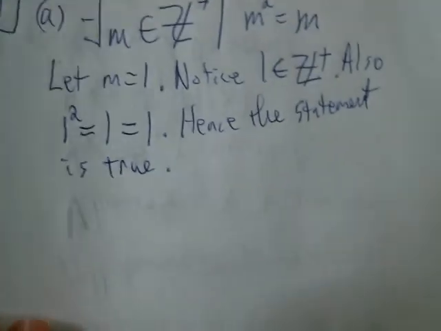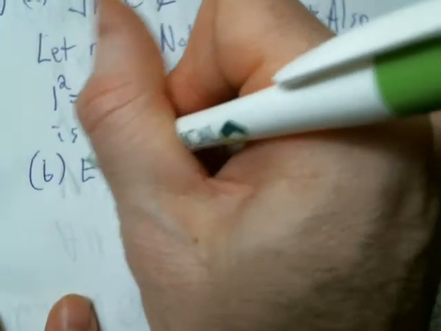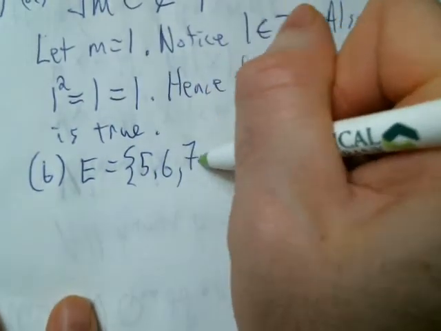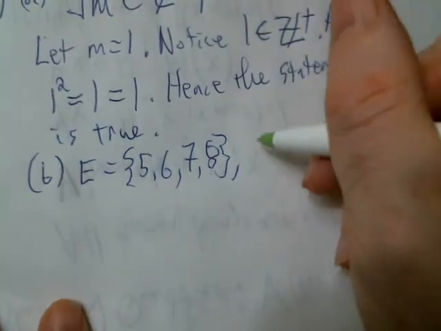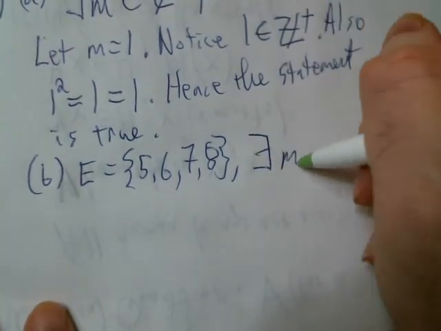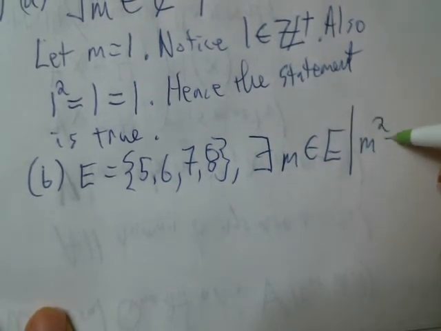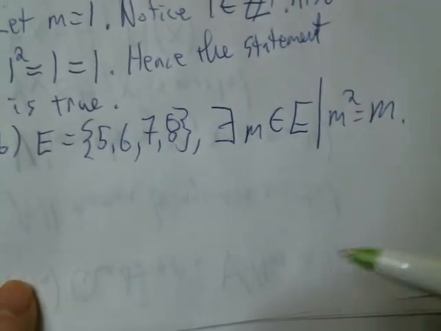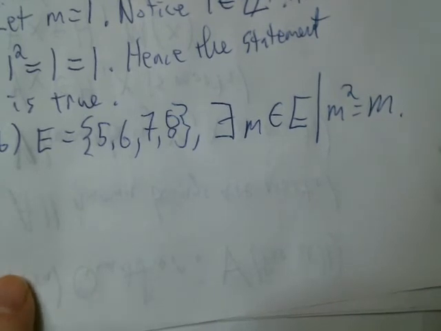Part B, now we have a different domain. E, the set of integers 5, 6, 7, 8, and our existential statement, there exists an m in E such that m squared is equal to m. So you can literally go through and just try to find it or show that it doesn't exist.